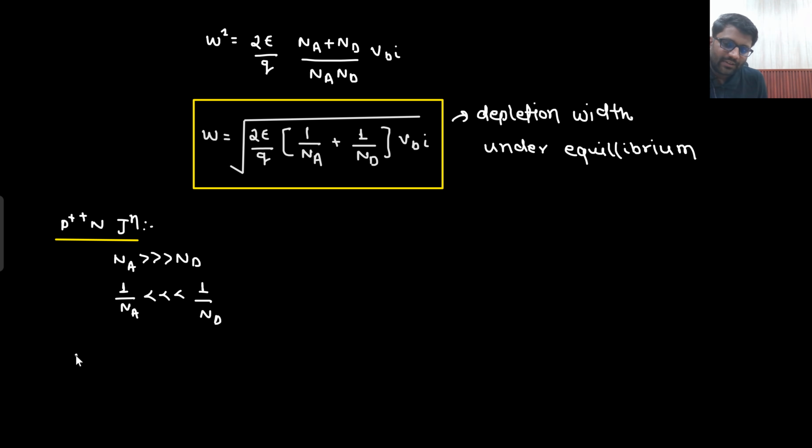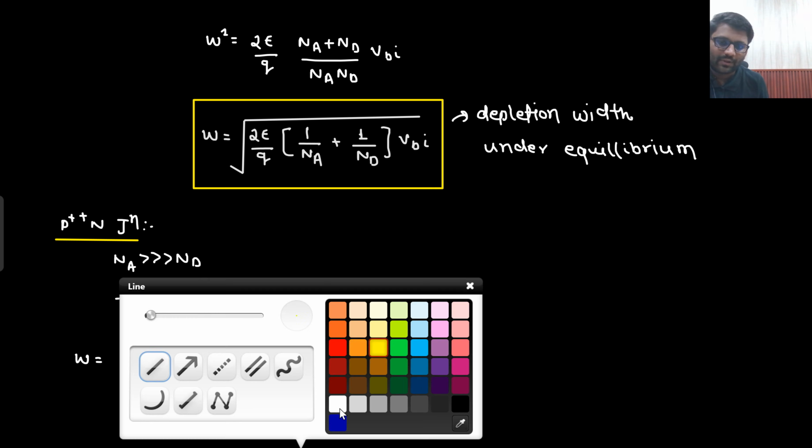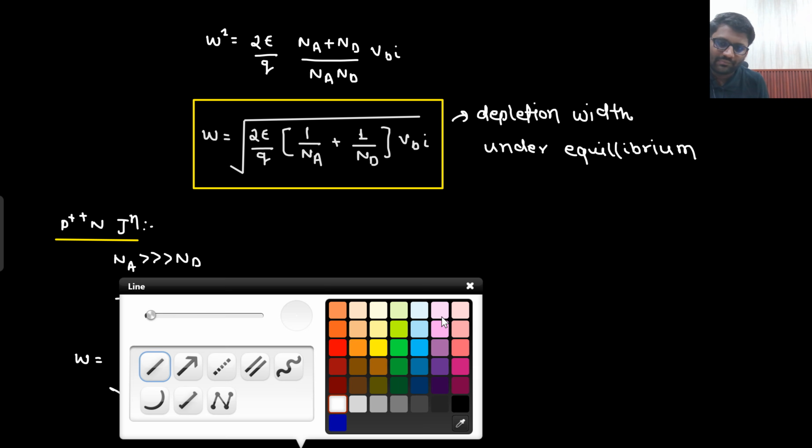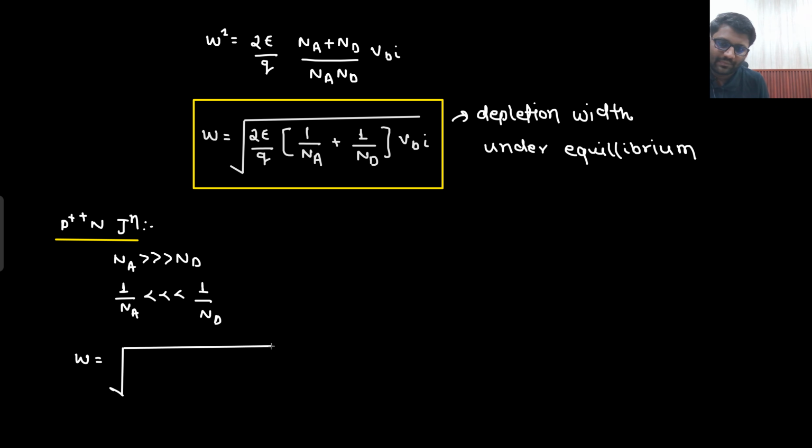So what will be the depletion width formula? The depletion width formula would come out to be under root 2 epsilon by q, 1 upon Na. Sorry, 1 upon Na is very less than 1 upon Nd.